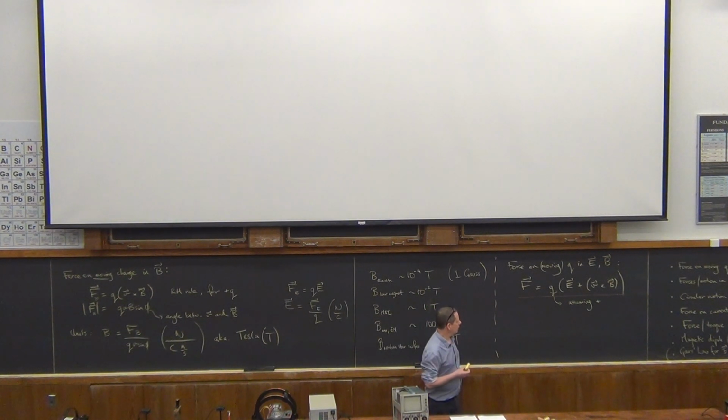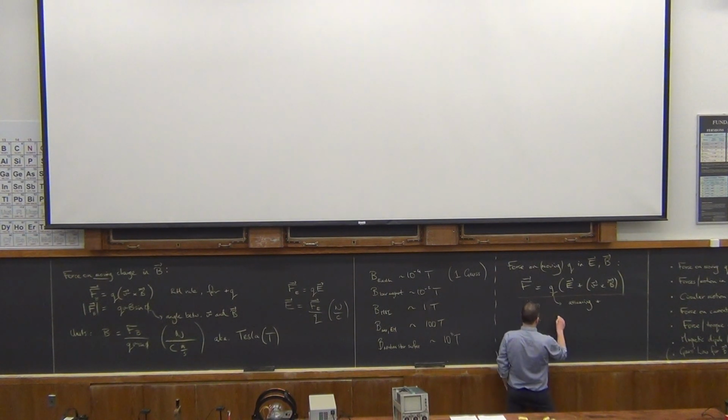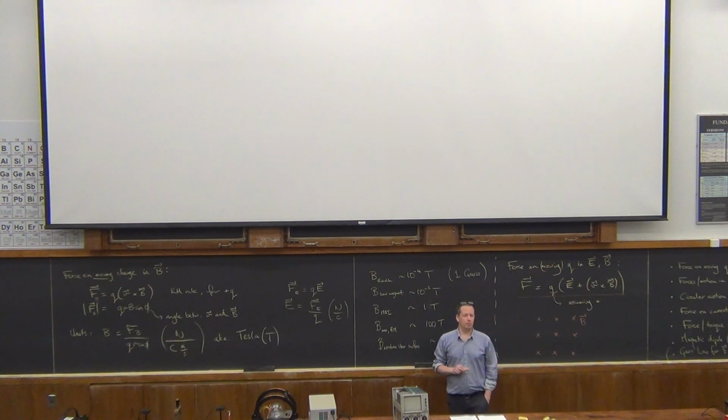Okay, so let me come back to this and have you tell me what type of motion you would now expect. For much of the rest of this morning, we're going to talk about magnetic fields that are uniform, so they're constant everywhere in space.